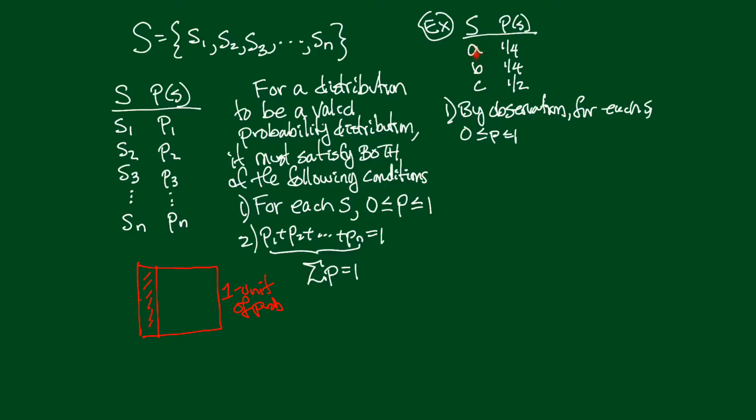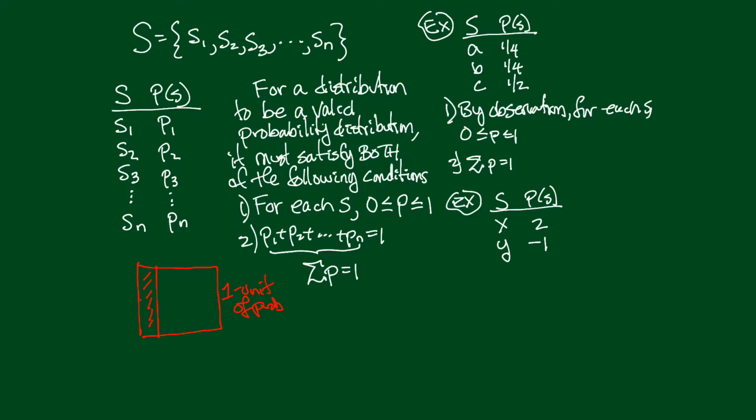By observing this, you can see each one of the corresponding P's is some number between 0 and 1. And the second thing is if I add up the P's, I get exactly 1. A fourth is a half, plus a half, you get 1. So I've got both of these described. I can't just say one of them without saying the other. I can't just say, oh, the sum of the P's is 1. I have to actually present to you both conditions.